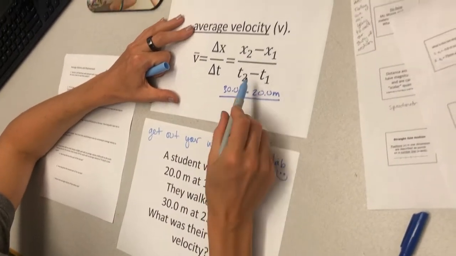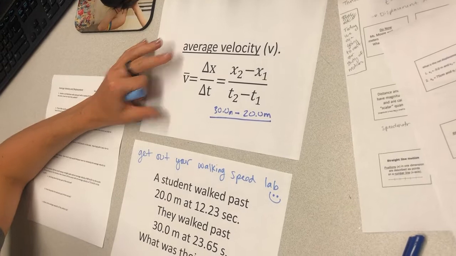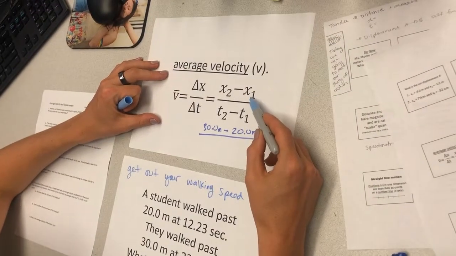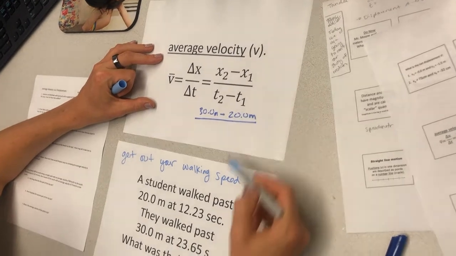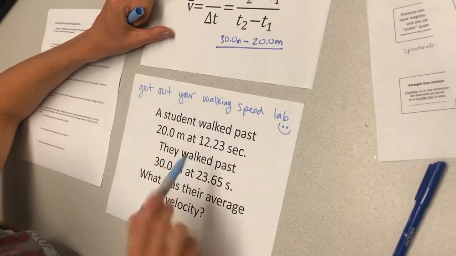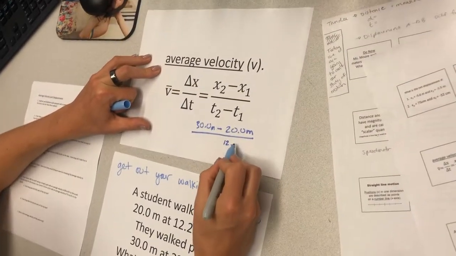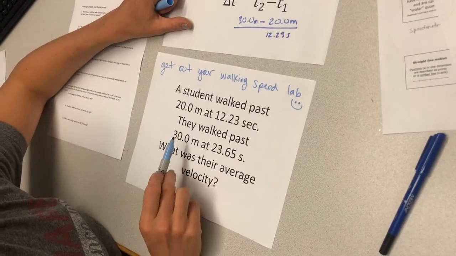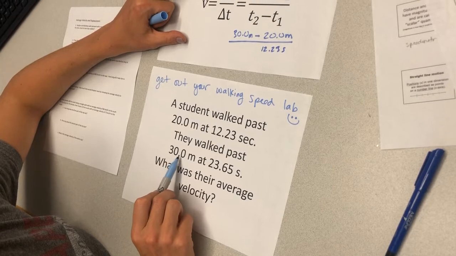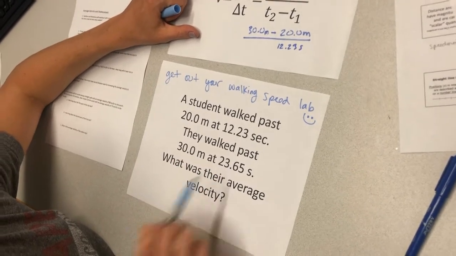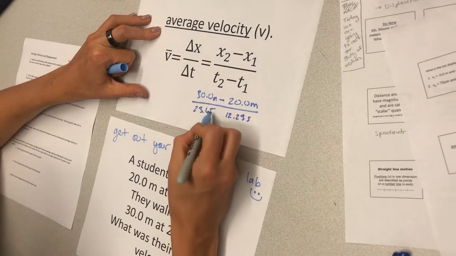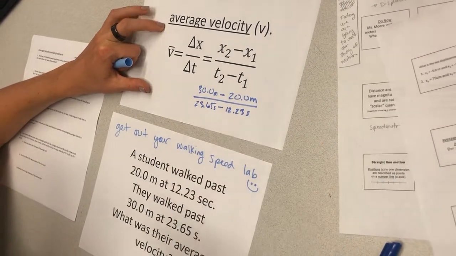I'm going to divide by the change in time. When we were at the 20 meter mark, what time were we at? Well, it said 12.23 seconds. I'm going to write that right here. And at the other mark, the 30, we were at 23.65 seconds. Subtract right there.